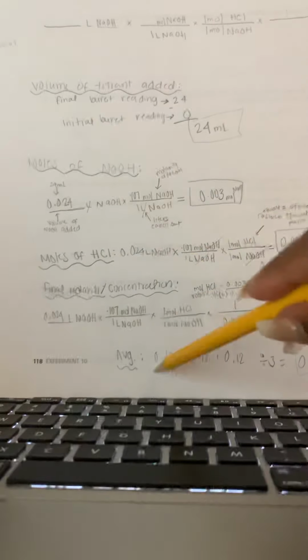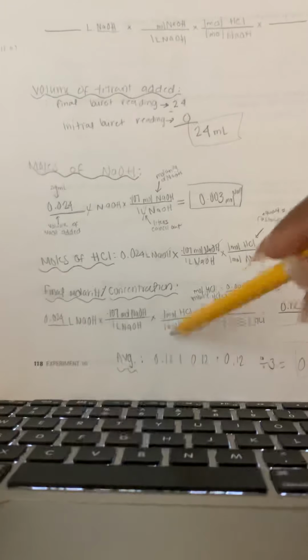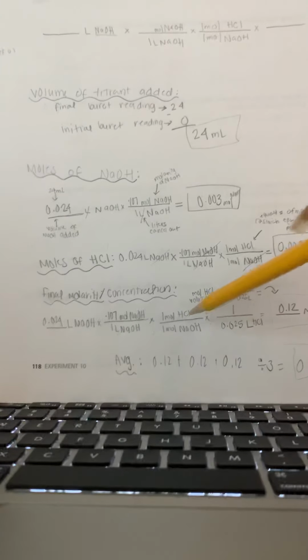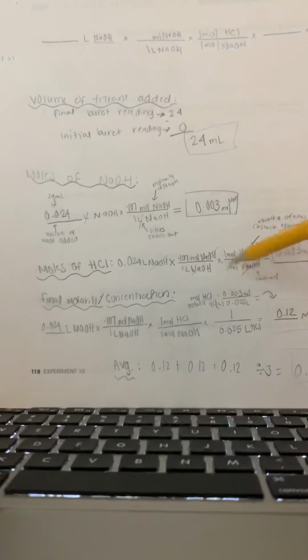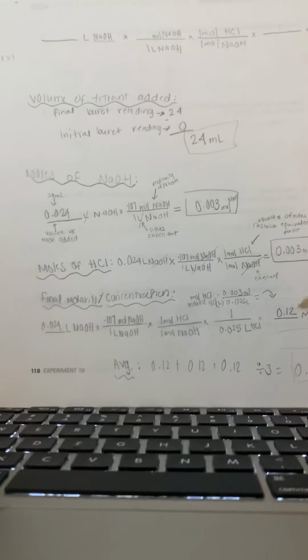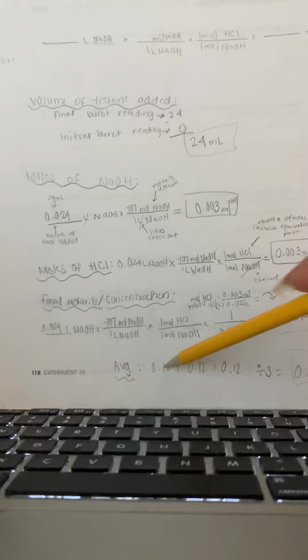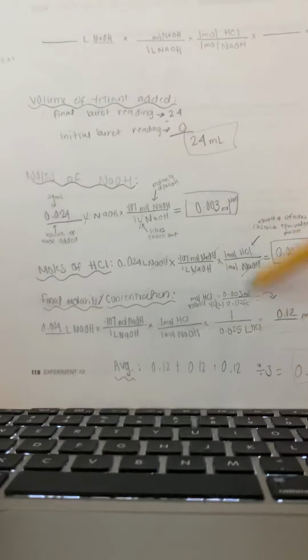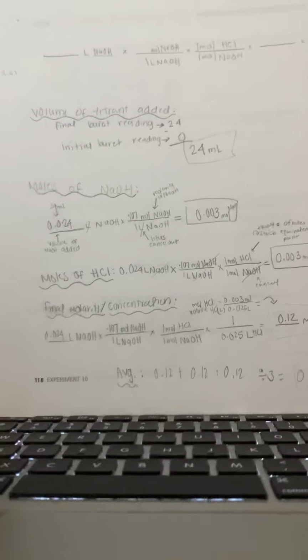Now to find the average, we did 3 trials, and we should have gotten the same number if we did it precisely. The numbers we got for the final molarity, or concentration, are 0.12 plus 0.12 plus 0.12, divided by 3.